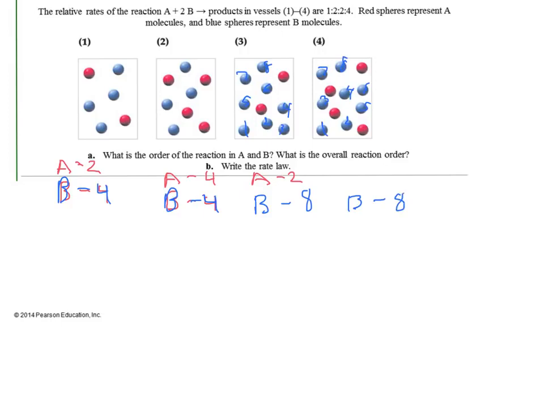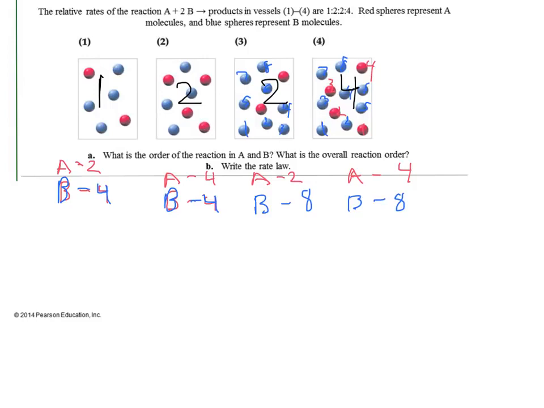I have 8 as well. And for my A's, I have 1, 2, 3, 4. I have 4. Now, they've told me that the rate of reaction for these comparatively is 1, 2, 2, and 4.